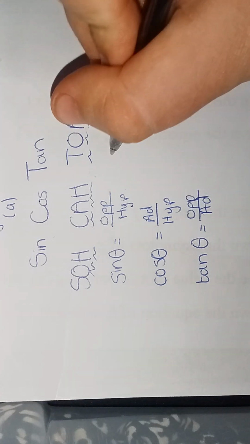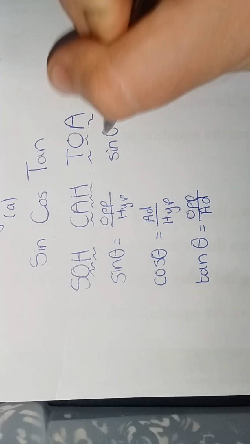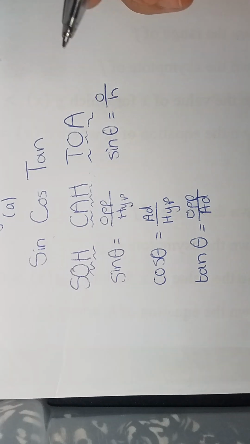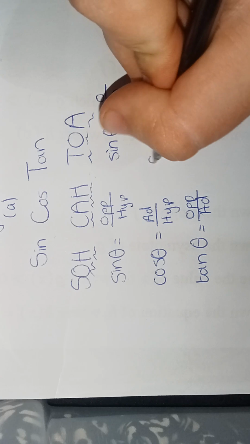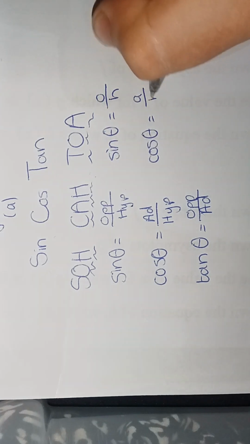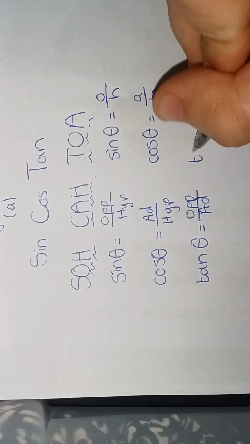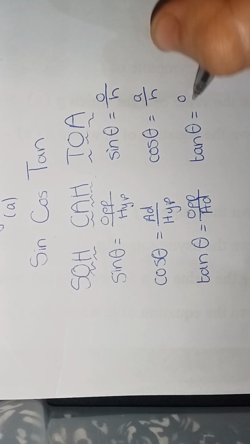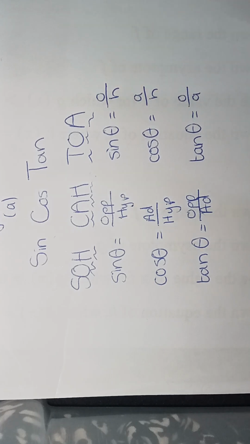So usually you would write it as this: sine theta equals O over H, cos theta is A over H, and our tan theta is equal to O over A.